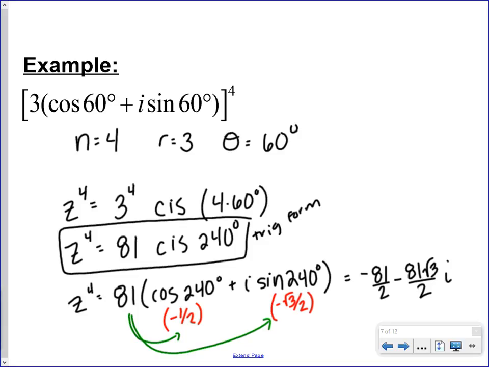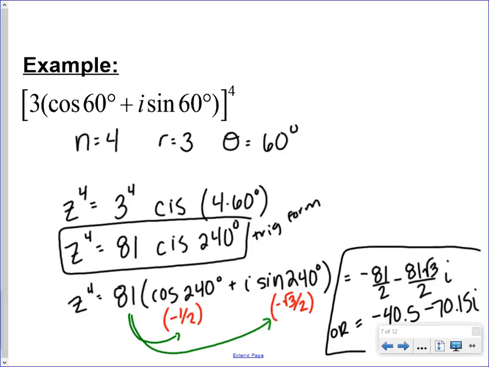If you do 81 times cosine 240, that should give you negative 40.5, and then you do 81 times sine of 240. Does that give you negative 70.15? Am I right? Okay. Minus 70.15i. I'll accept either of those answers. Those are both fine with me.